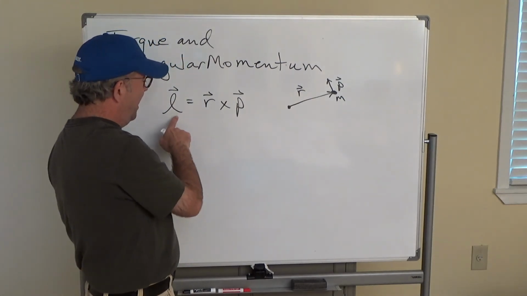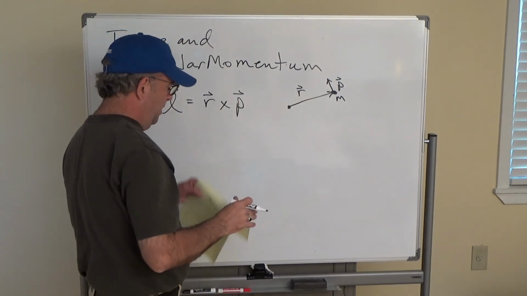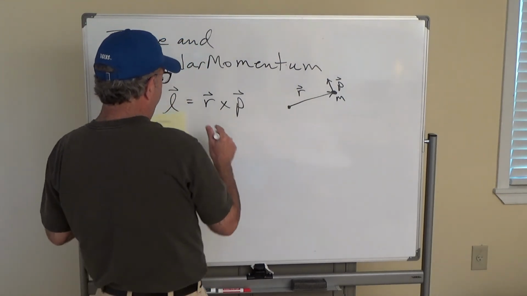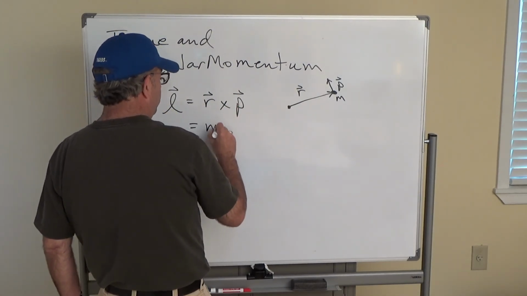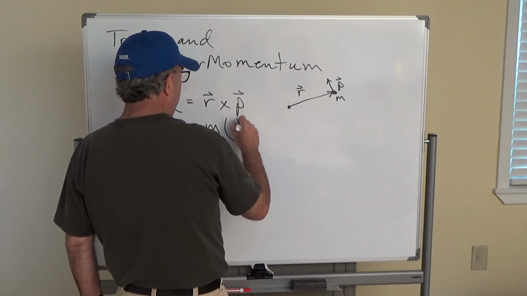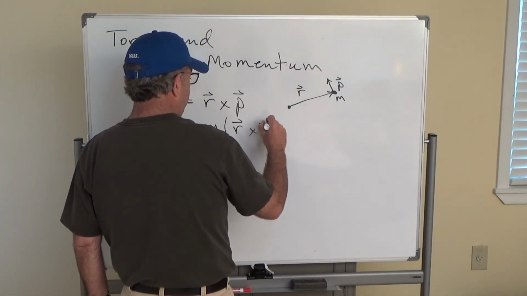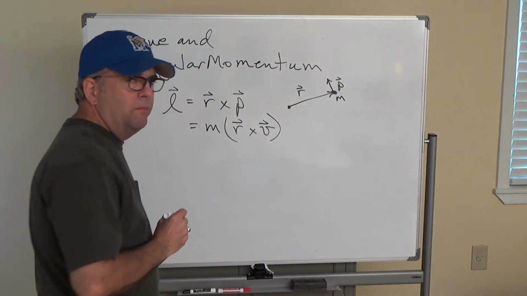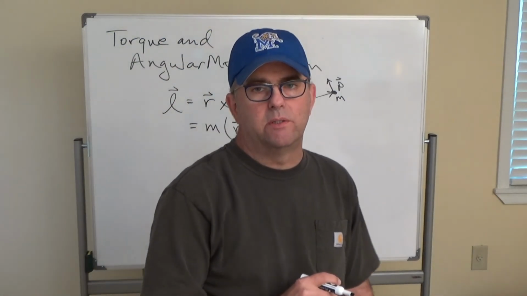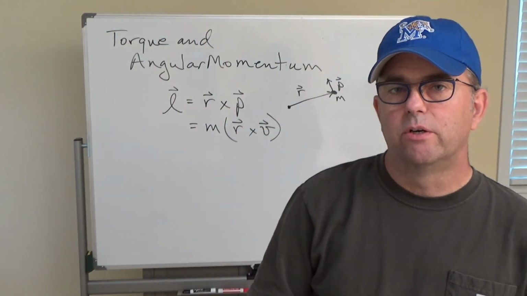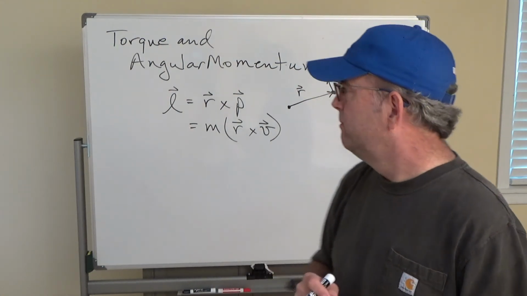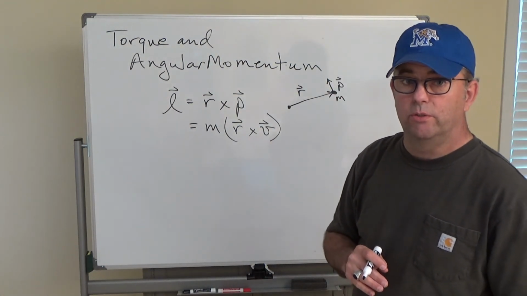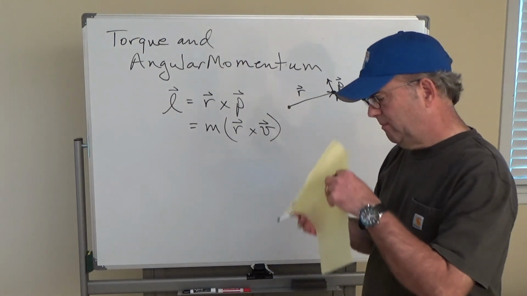Then the angular momentum is R cross P. That is equal to, since P is mv, m R cross V. We don't have time to go into all the particulars of the cross product and all the fancy things we can do, but we will in physics 2 if we're back.